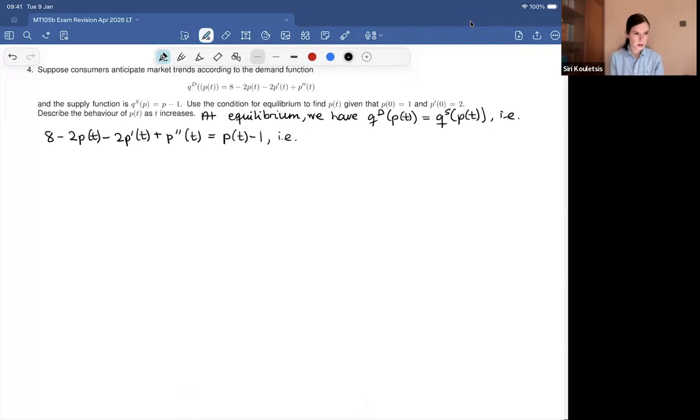And then let's write it in the more standard form, starting with the second derivative here.